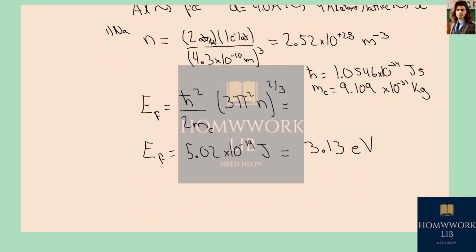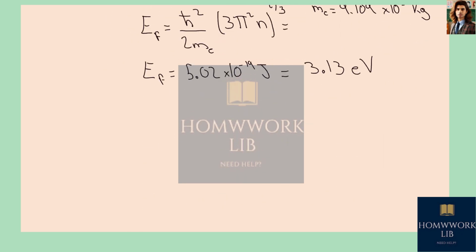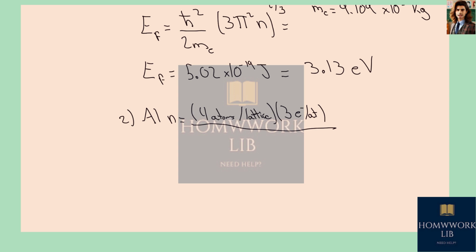So next up, for aluminum, as we mentioned, since we are going to have 4 atoms per lattice, and each one of them is going to have 3 electrons per atom, the value for n is going to be that number divided by the volume of the lattice.